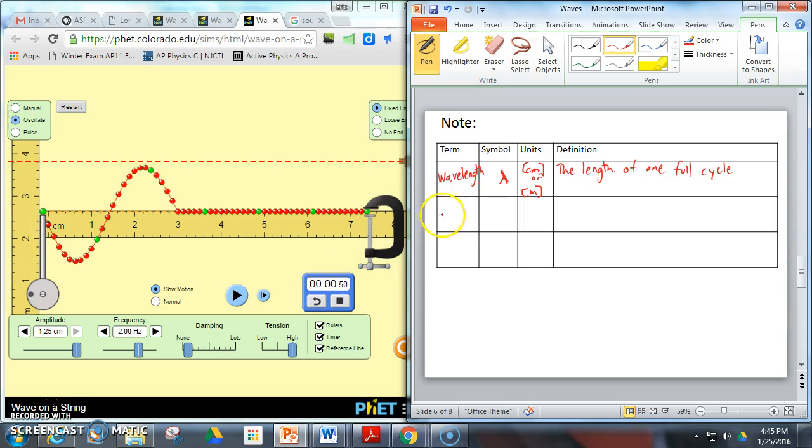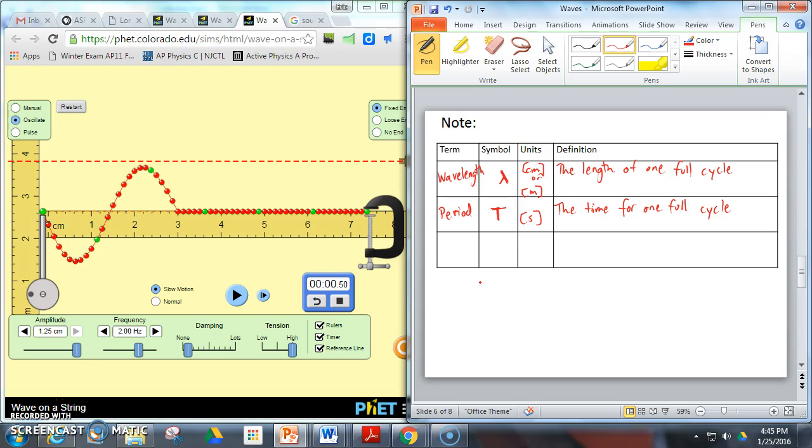In this case, the time that it took for that to occur is measured in seconds. The time for one full cycle, we call it period. So the period is the time it takes for one full rotation, and it's given the letter capital T.